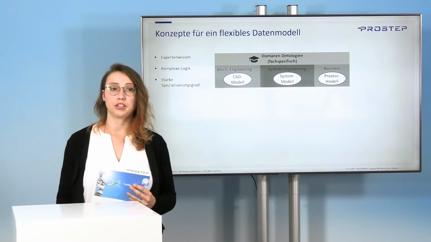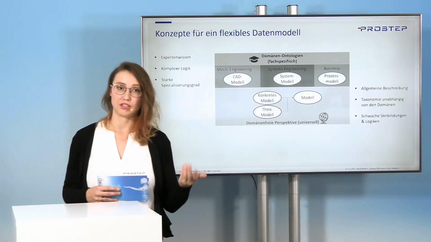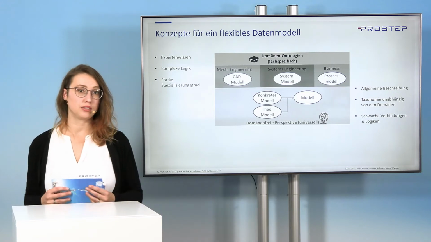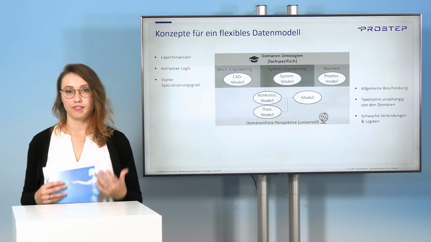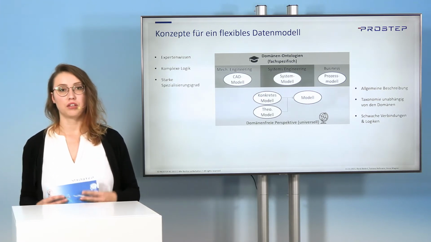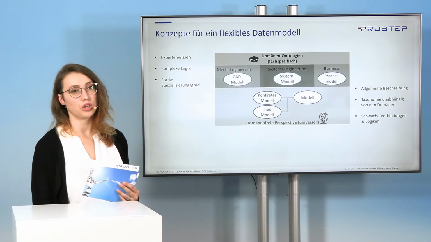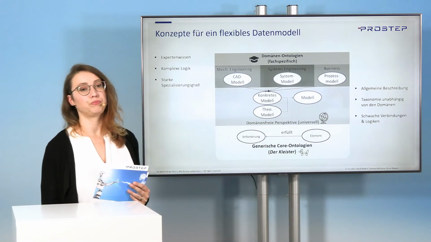To enable reuse, there is a second level, a domain-independent perspective. Here we have the general descriptions defining an independent taxonomy. For example, that there are different models, and these can be practical models or theoretical models. Accordingly, these concepts also have weak and logic-free connections to create a thin layer that is easy to reuse, to which we can then refer from our domain ontologies.